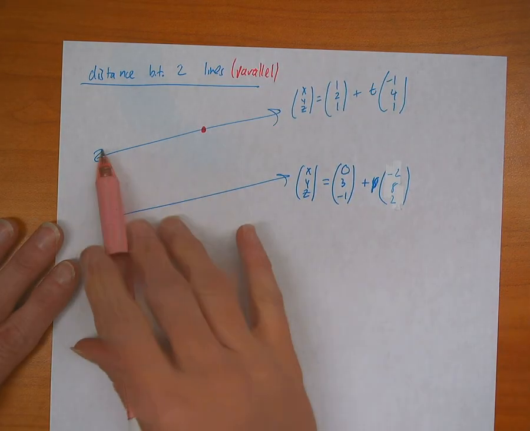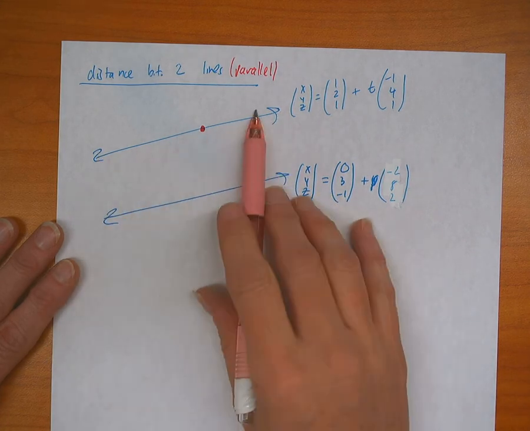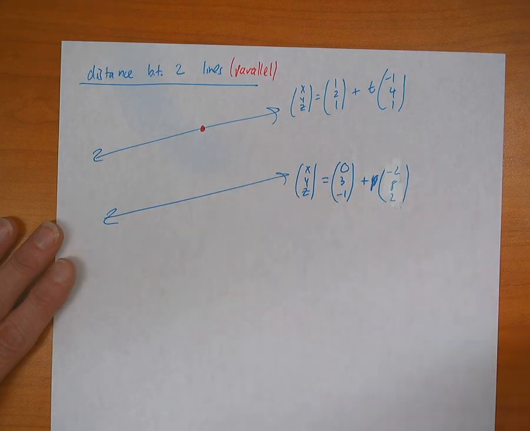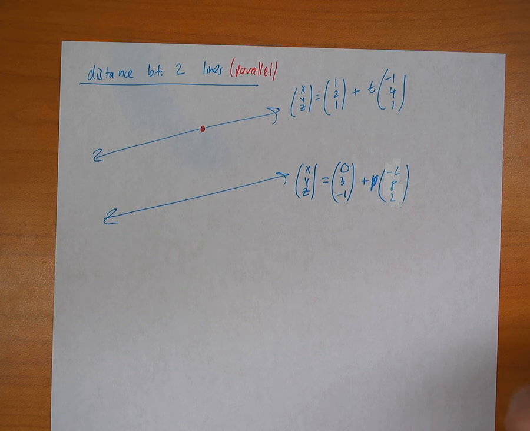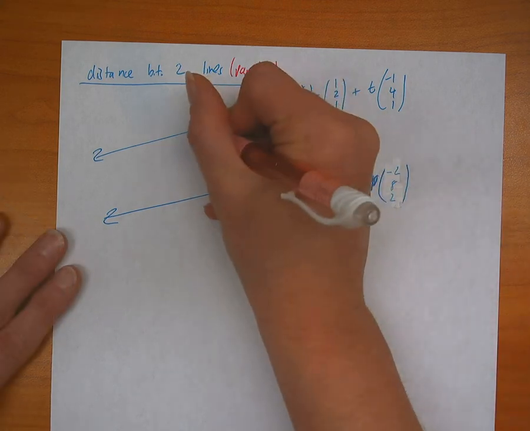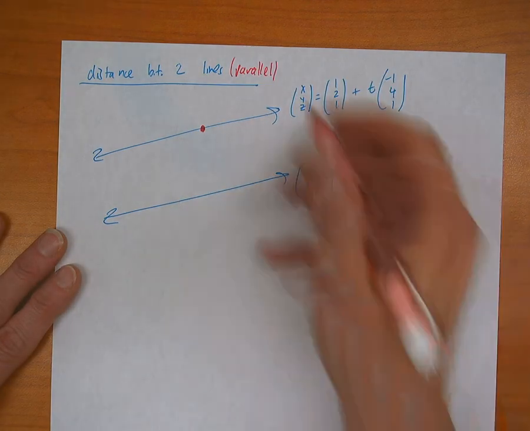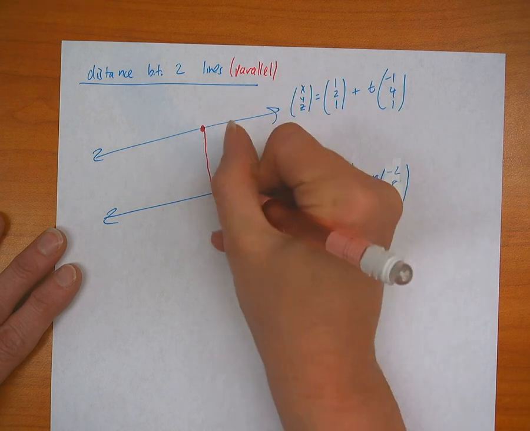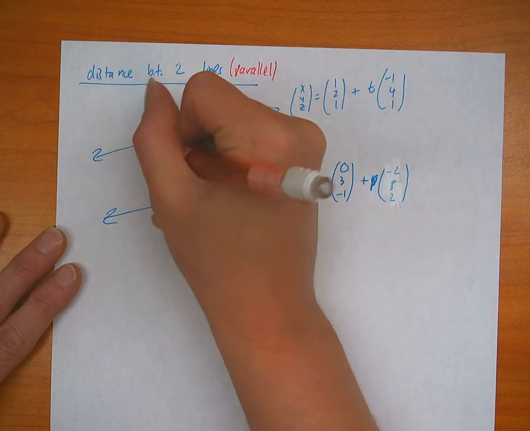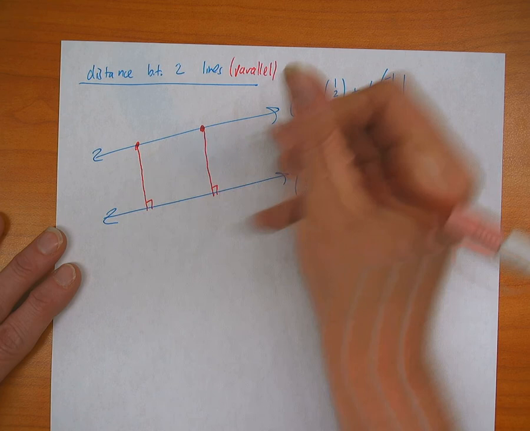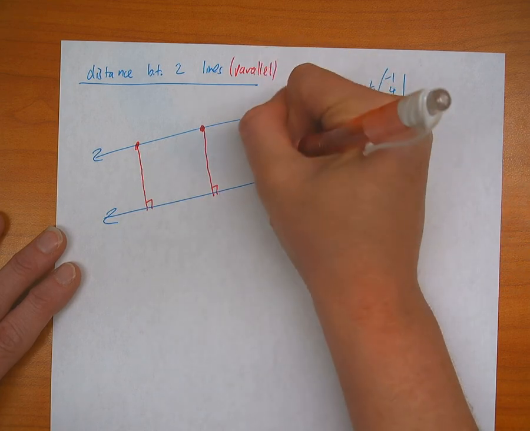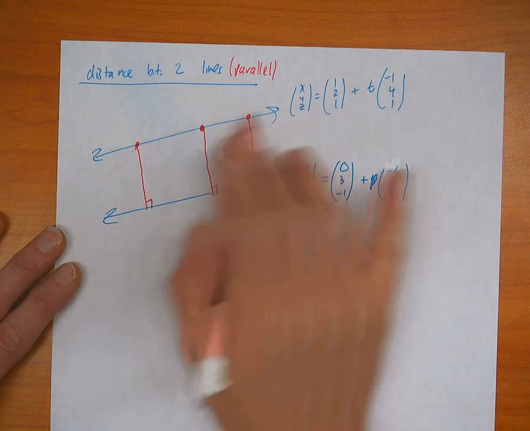All we need is any point on one of the lines, and then we need to find out the distance between that point and the other line. So any point on that line is going to have the same distance because parallel lines are always going to have the same distance. So it does not matter what point we pick on this line here.